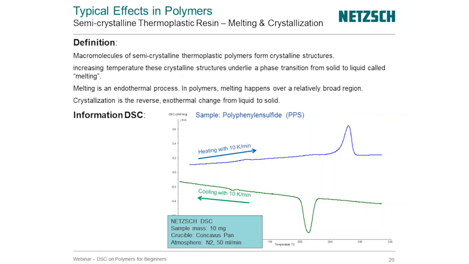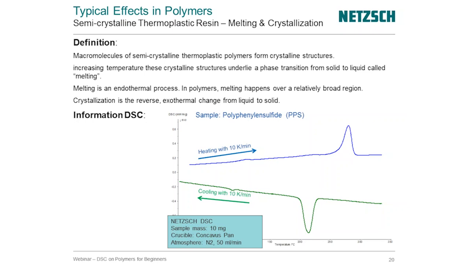If we increase the temperature, these crystalline structures go through a phase transition from solid to liquid, and we call that melting. Melting is an endothermal process. In polymers, melting tends to happen over a broad region, compared to metals, for example, which usually have a very sharp melting point. Crystallization is the reverse of melting. It's an exothermal change from liquid to solid.